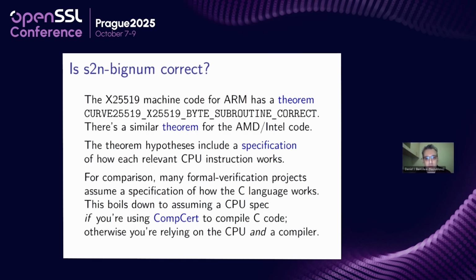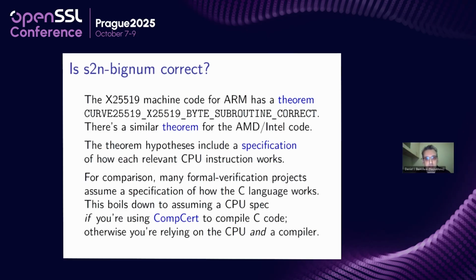Nevertheless, for whatever reasons, people are continuing to use GCC and Clang for all sorts of applications. And if you're using GCC or Clang, then any problems with those are going to maybe introduce bugs into your C software. So I feel much better having a specification of the CPU instructions as the basic assumptions for S2N Big Num, having these theorems saying that it works correctly.